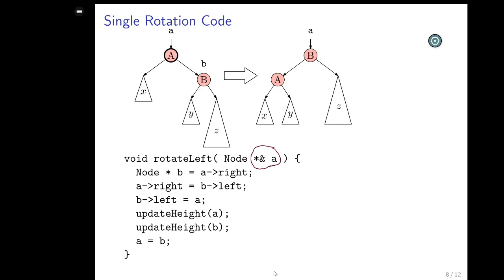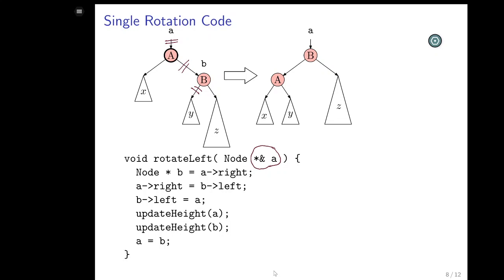Let's find them. It has to change this, it has to change this, and it has to change this to change from this tree to that tree. There are 3 pointers that need to change.